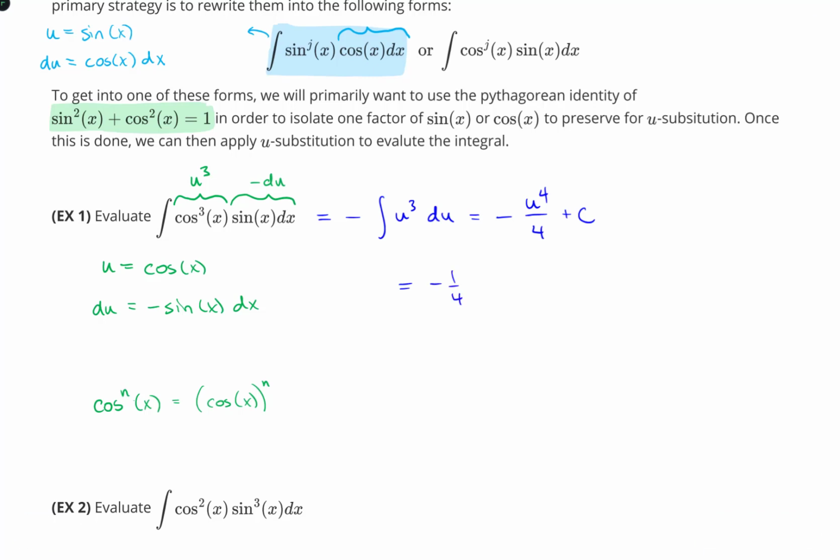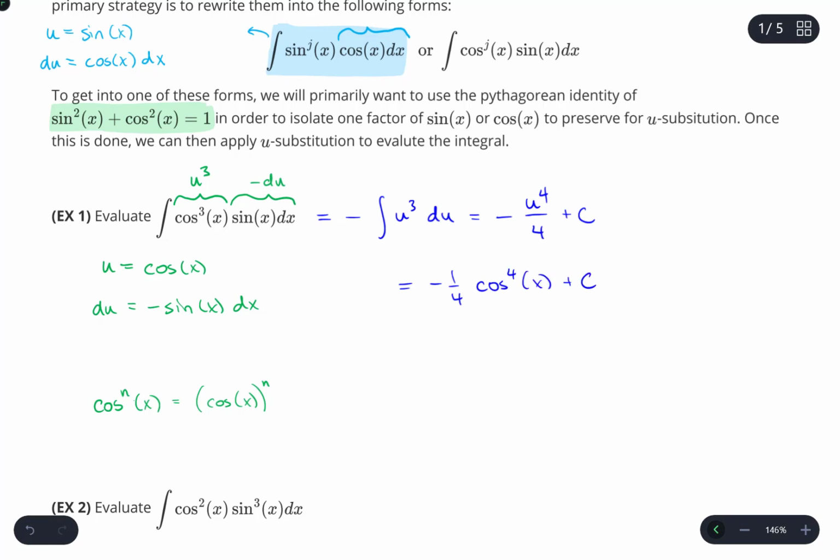Since u was cosine, this would be cosine to the fourth of x plus a constant. And there we have it. We've integrated this particular function.